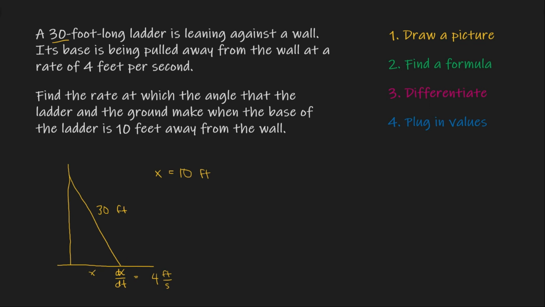So let's draw a little angle right there with a theta. And eventually we're going to be dealing with d theta with respect to time because we know that we're dealing with a rate. So for now, let's just leave this picture as is. In the future, we are going to have to come up with some more information, but let's just find the formula and differentiate in order to find what more we need.